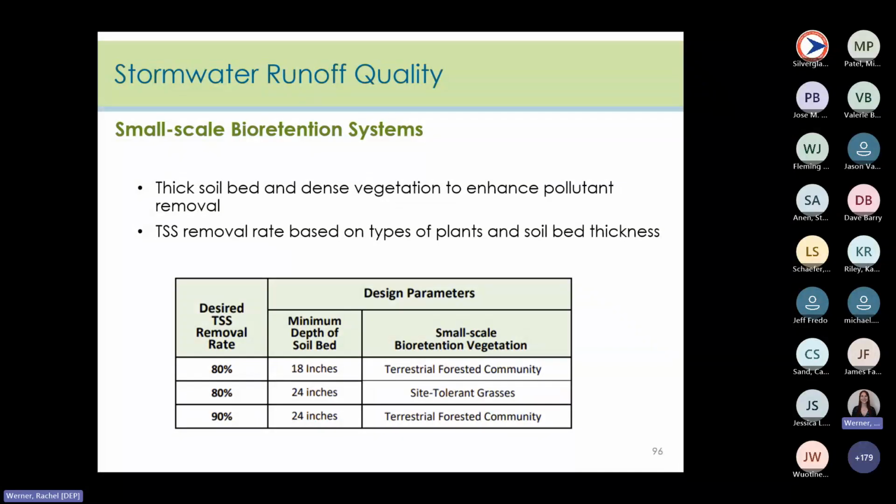And it makes sense that a terrestrial forested community, aka trees, provides more TSS removal than site-tolerant grasses, aka shrubs and perennials. So you as a reviewer need to make sure that the chosen TSS removal rate lines up with their BMP cross-section and the landscape plan.